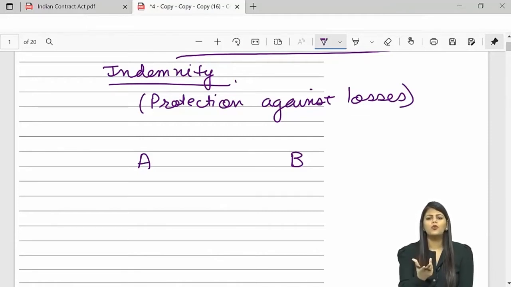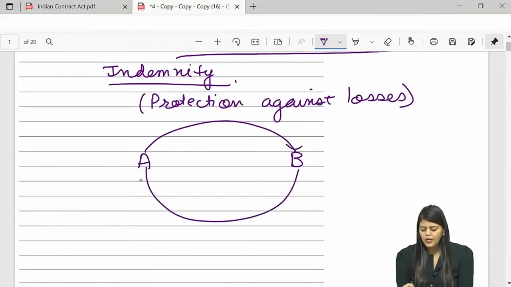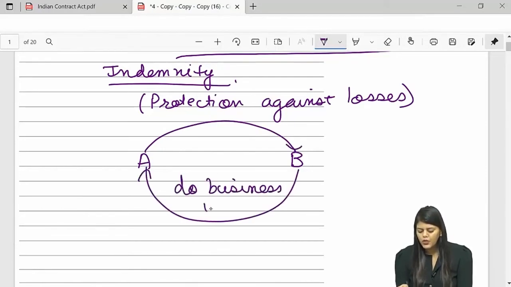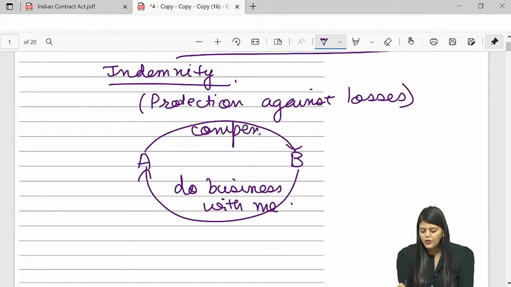B tells A, but you are new, I don't trust you, what if I have losses because of you, where will I go? A tells him, don't worry sir. If you do business with me and incur any losses, I will compensate you for those losses.